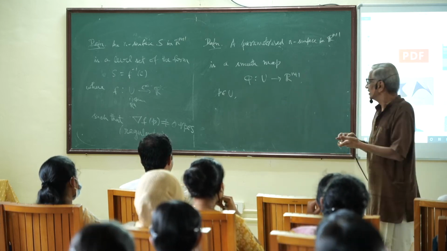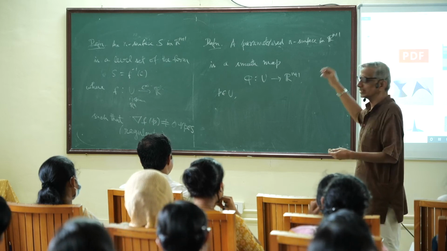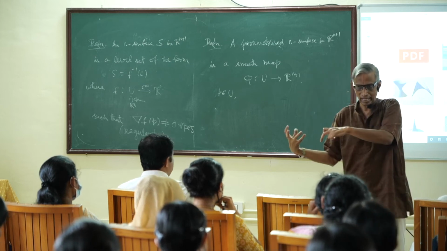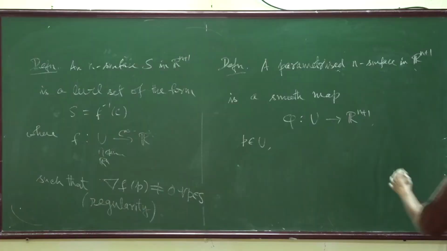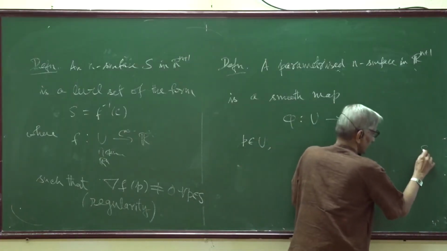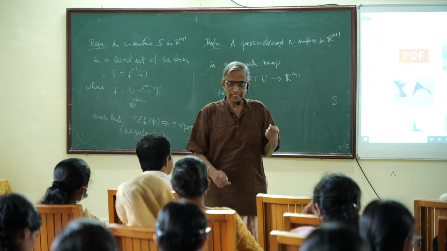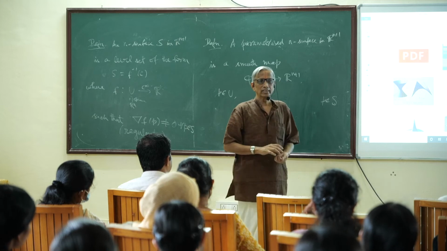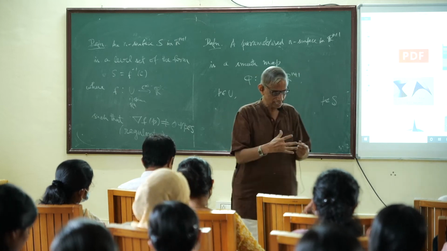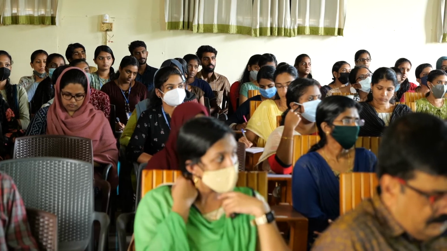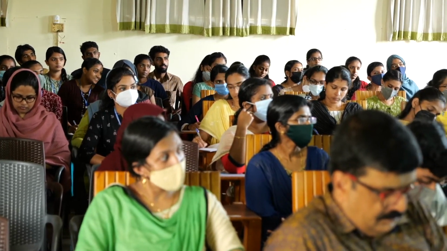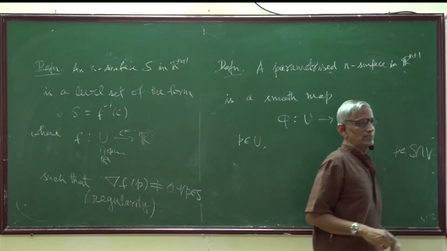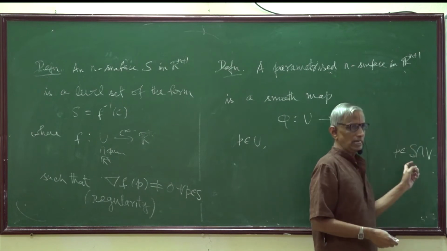So what do you have? What is called a parameterized surface here is a map, but actually the surface is the image of this map in Rn plus 1. If you think of the surface as S, if you take a point in S, a neighborhood of the point in S is got by taking a neighborhood in the whole space intersected with S. So this is going to be of the form S intersected with something open in Rn plus 1.